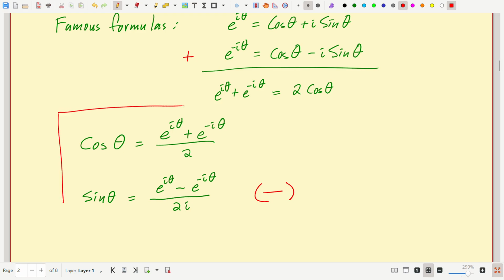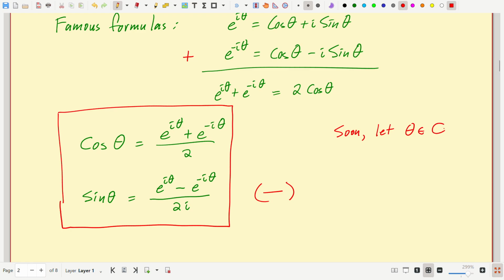Those are pretty interesting. Those are the cosine and the sine for real angles. And later on, we're going to want to have cosine and sine for any old angle, complex numbers. So later, in fact soon, we'll let theta be a complex number and use these formulas to define the sine and the cosine of a complex angle.